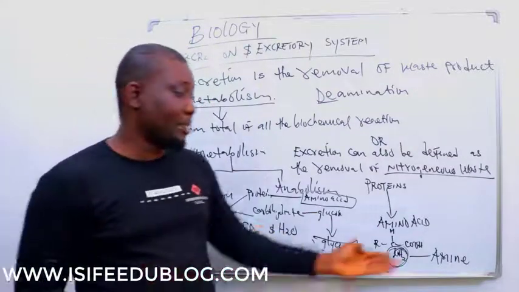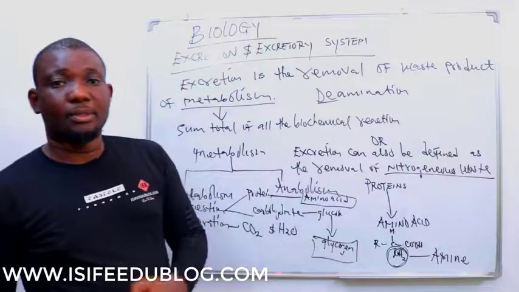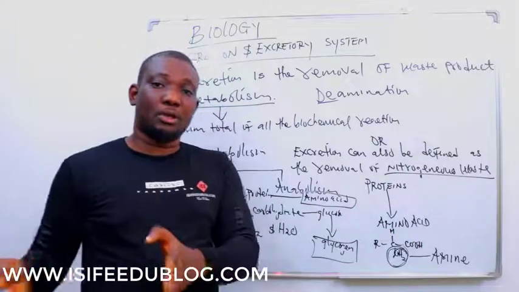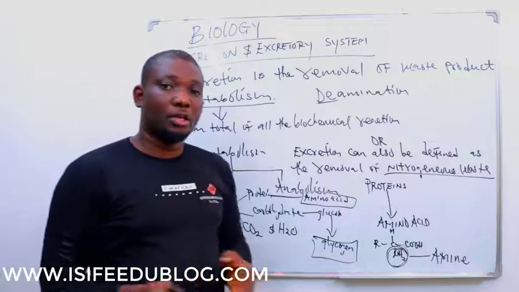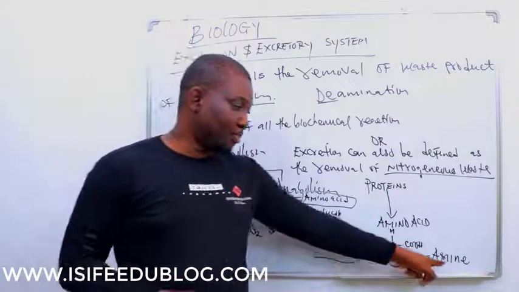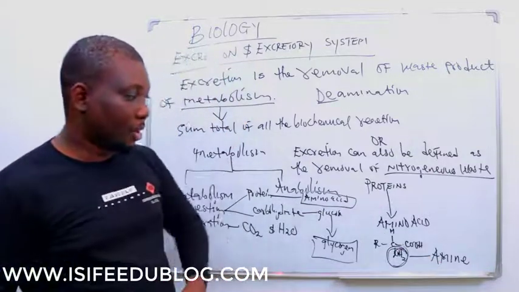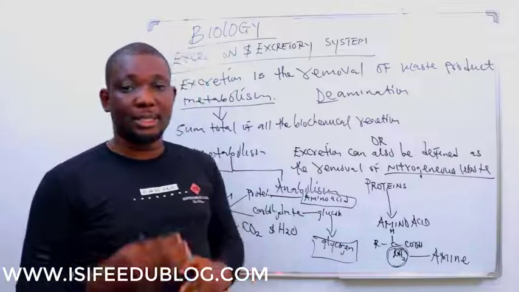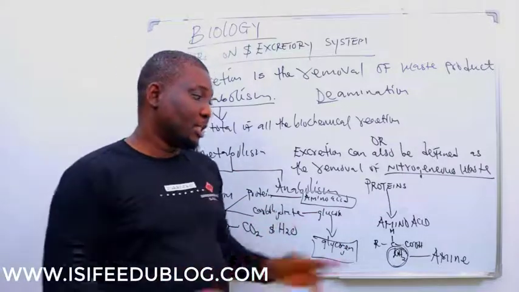And one of them is amine. So the liver, not in the aspect of detoxification, but deamination, by removing this very toxic part of amino acid. That is the reason why amino acid is not stored: it is because of the amine.